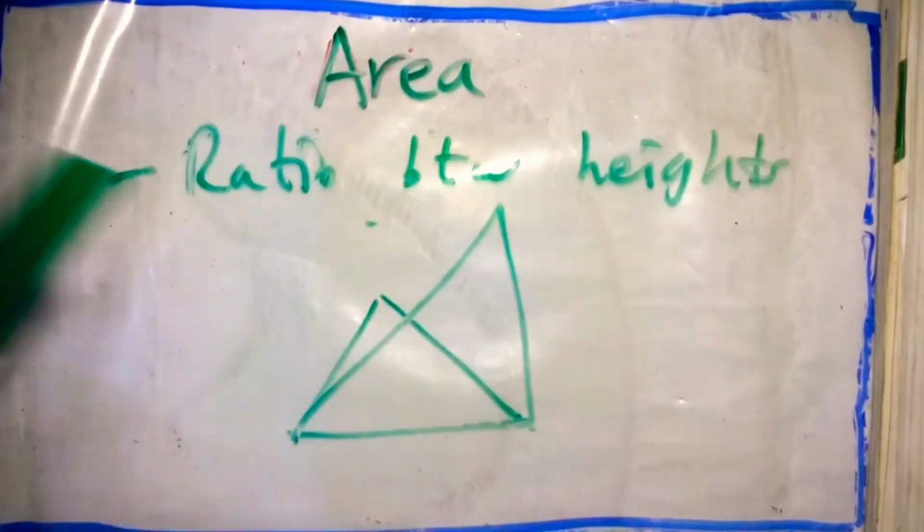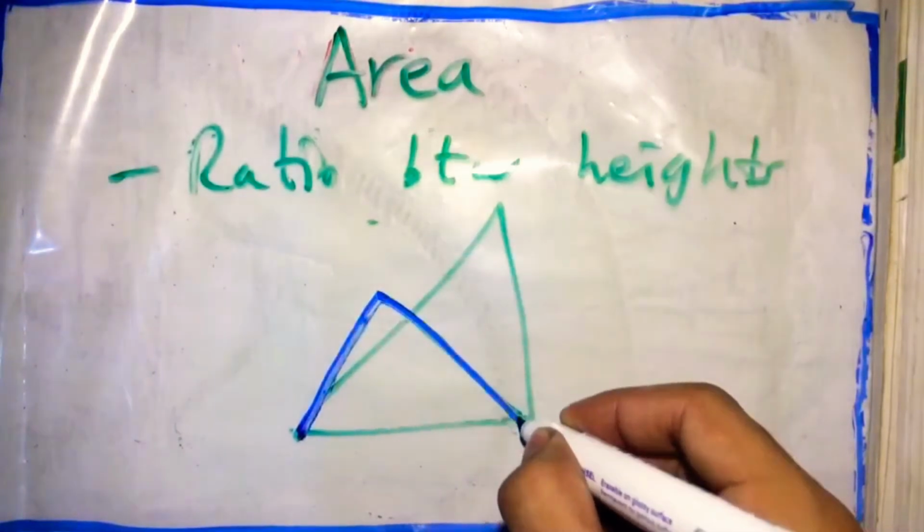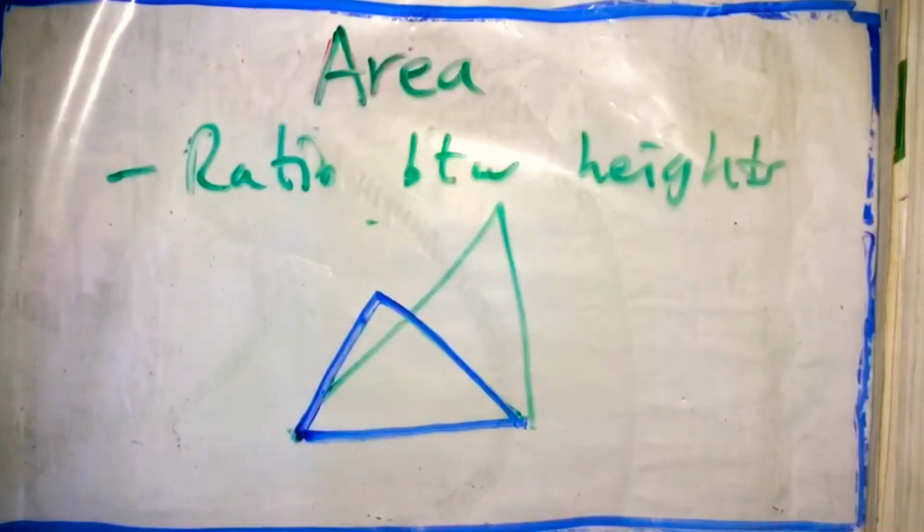For example, these two triangles, one is in green, the other is in blue.